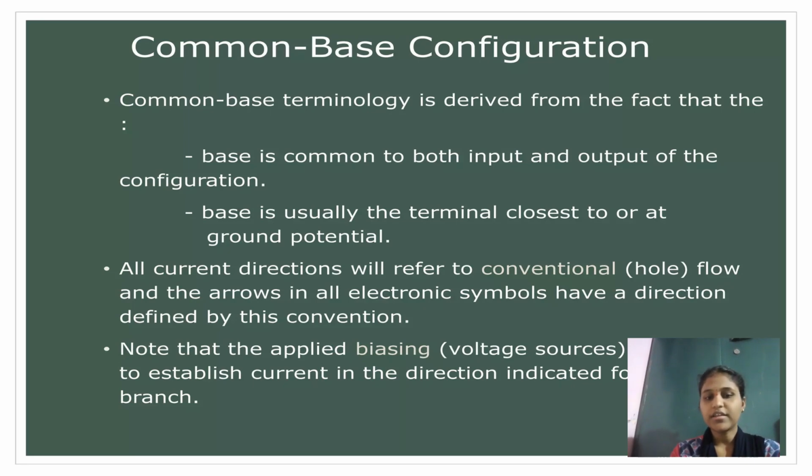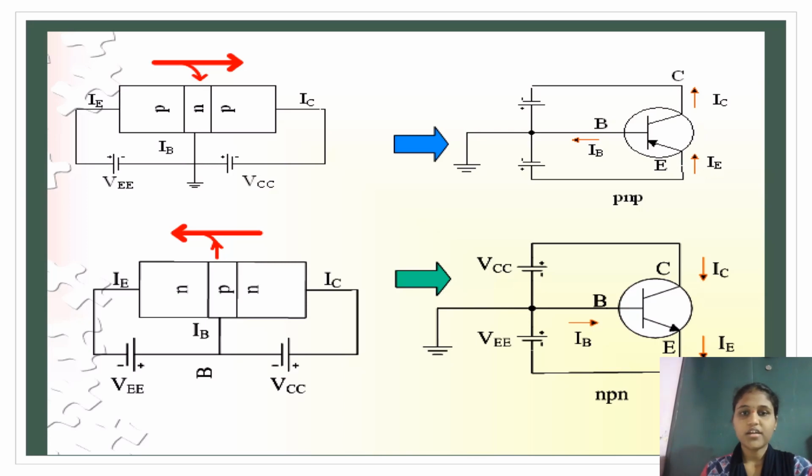Note that the applied biasing or voltage sources are such as to establish current in the direction indicated for each branch. And these are the figures of PNP and NPN transistors.